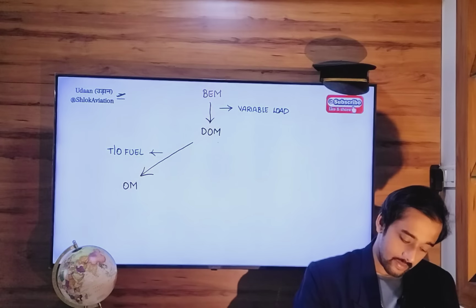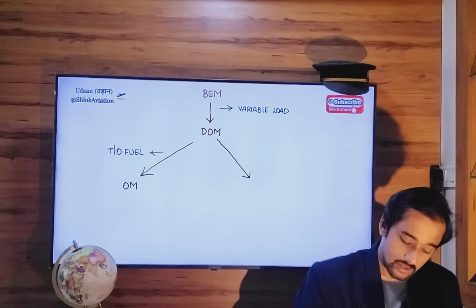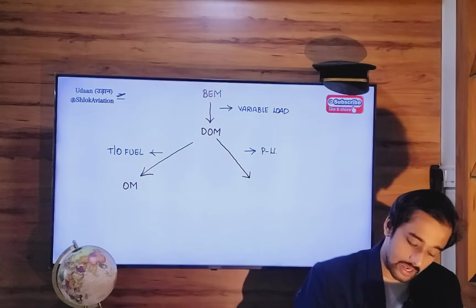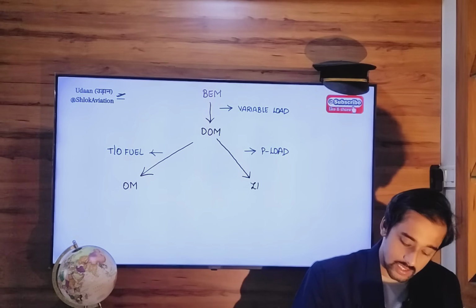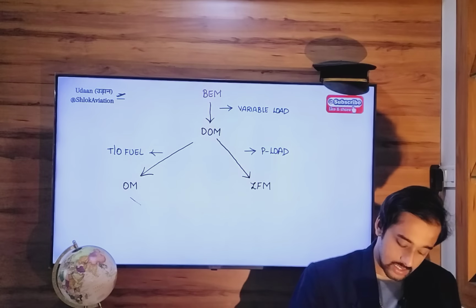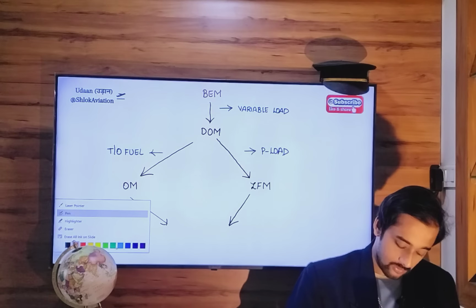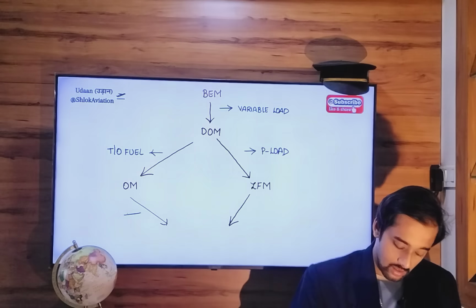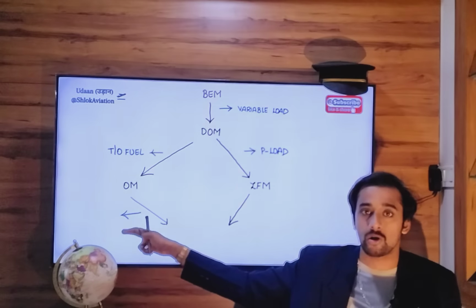After adding payload to dry operating mass, you get zero fuel mass. Next, after adding payload, now takeoff fuel we have added, now what's remaining? Payload or traffic load.